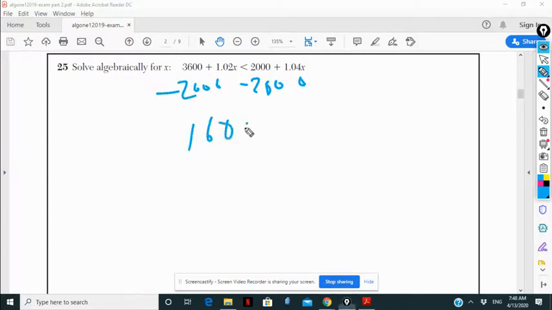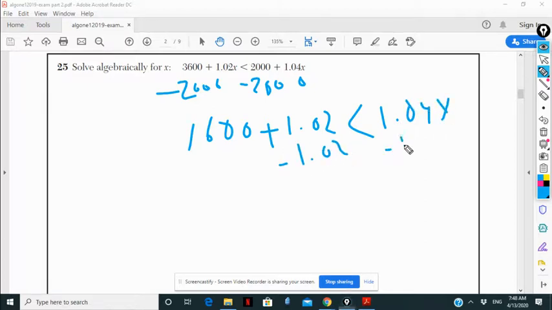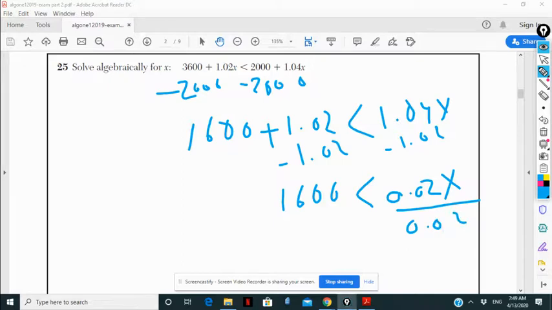So 1600 plus 1.02 is less than 1.04x minus 1.02, so 0.02x is more than 1600 divided by 0.02, so x is more than 80,000.